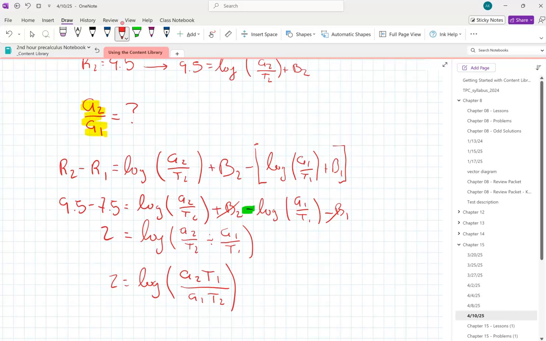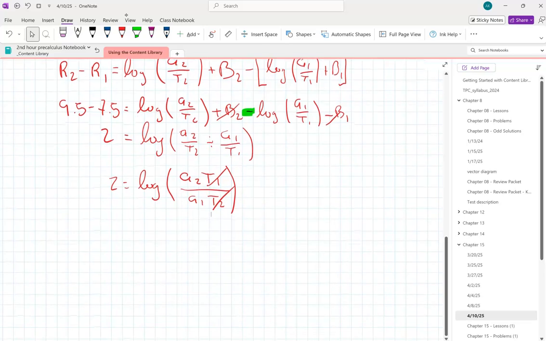It's probably happening so fast that the difference between the T1 and T2s is almost negligible. So we're just going to assume that they'll cancel each other out, that they're basically the same number, because the ground rocking is happening so fast that there's probably not a big difference between the two. Okay.